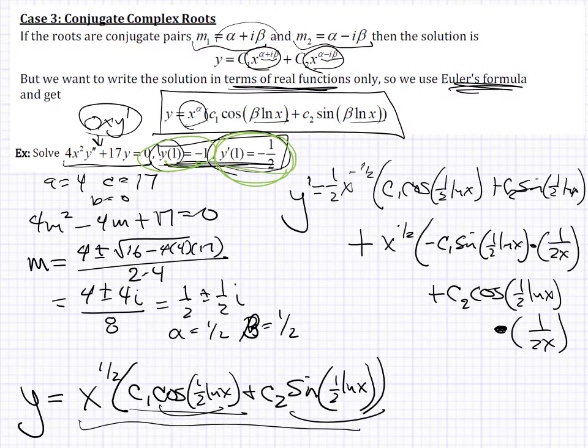I squeeze it in here, so it's not going to look great. But we're going to be plugging in 1 for x. Well, the nice thing is log of 1 is 0. So a lot of this is going to clean up, in which case, on the next slide, I'll finish it off.